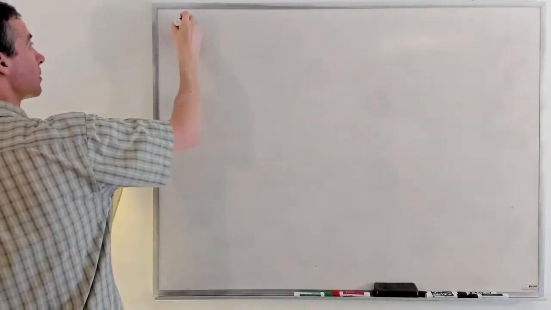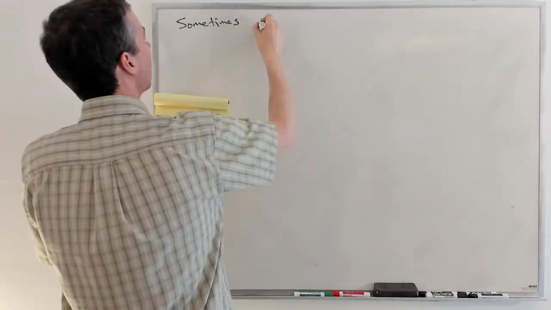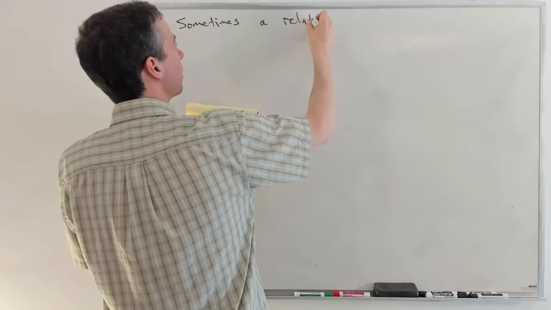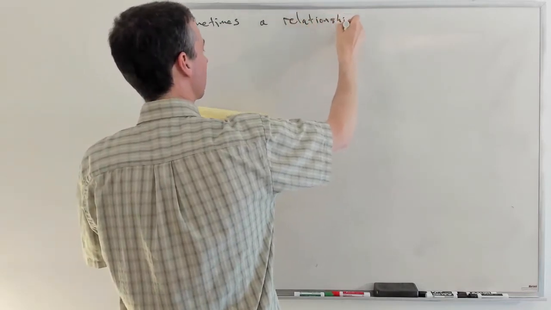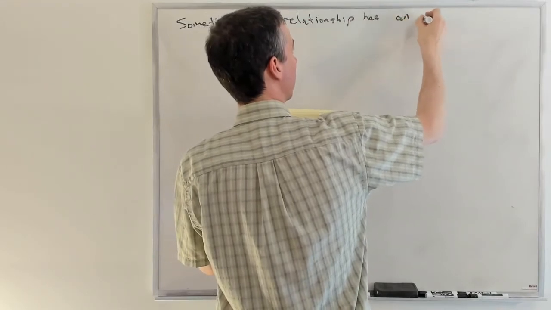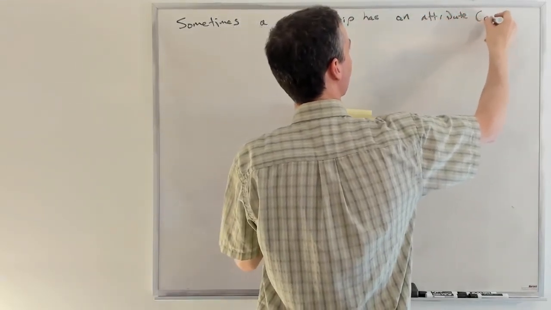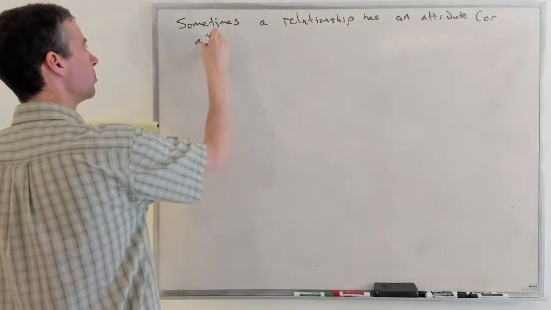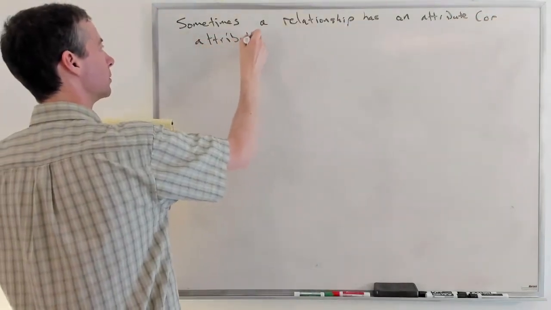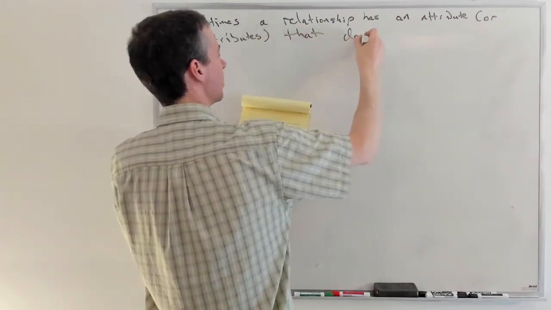Now, sometimes a relationship has an attribute or attributes, if there's more than one, of course, that describes it.